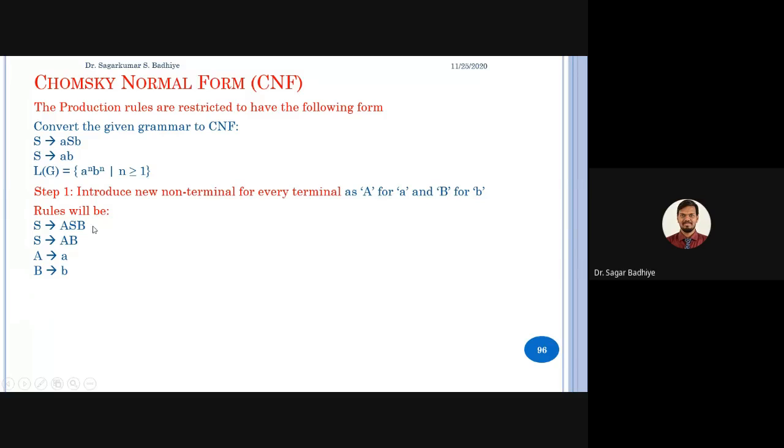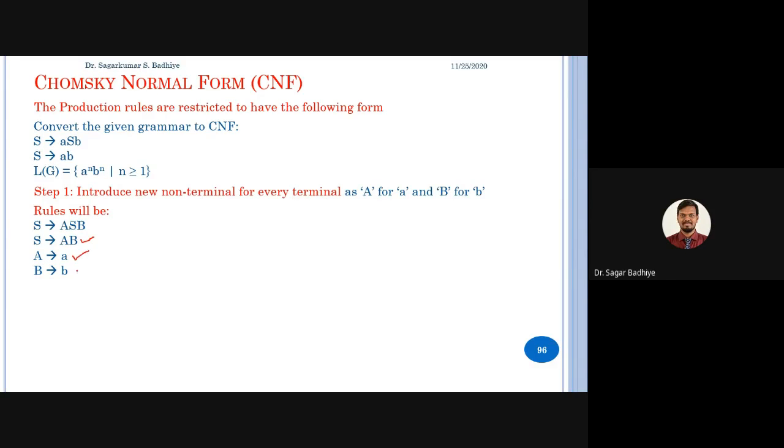Right? Now, looking at this, we can see that this rule is obeying the structure of CNF. Am I correct? Right? Yes, sir. A single non-terminal, and on the right hand side, two consecutive non-terminals. So this is obeying this structure. Here, a single non-terminal derives to a single terminal.